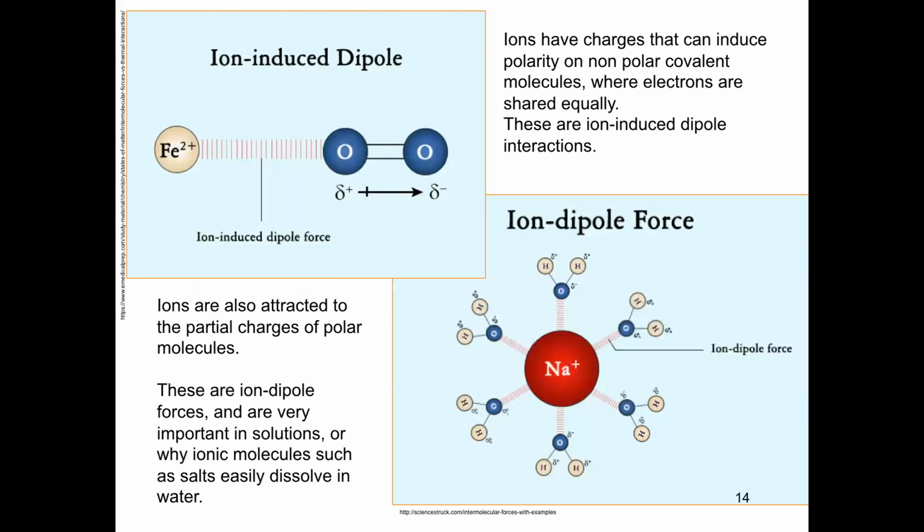So that's called an ion-induced dipole. If you look at my notes, it says ions can induce a polarity in a nonpolar covalent molecule. On the other hand, they're attracted to the partial charges of polar molecules. Hopefully that makes a bit of sense to you.